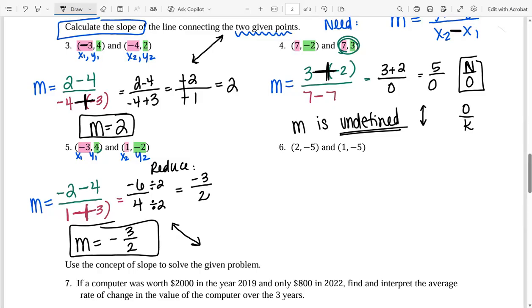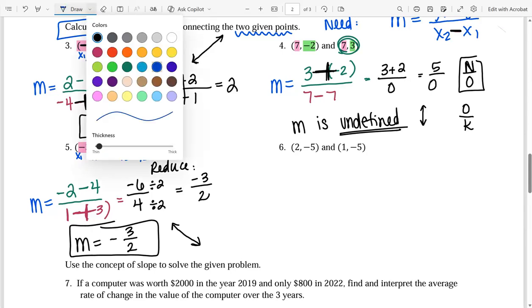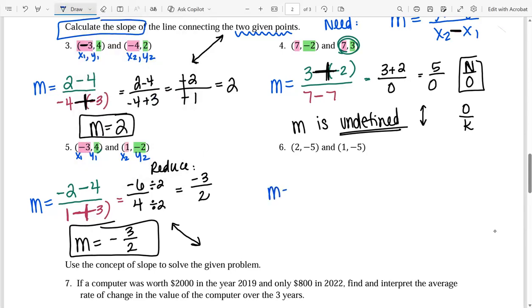For my next example, when you set it up, let's see if we can do it a little smoother this time. Y is on top, -5 minus -5, double negative.